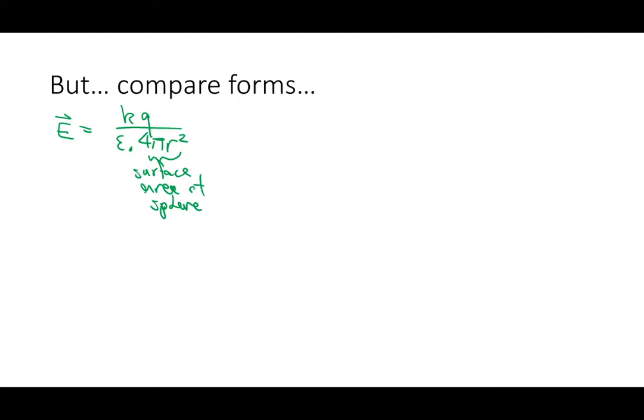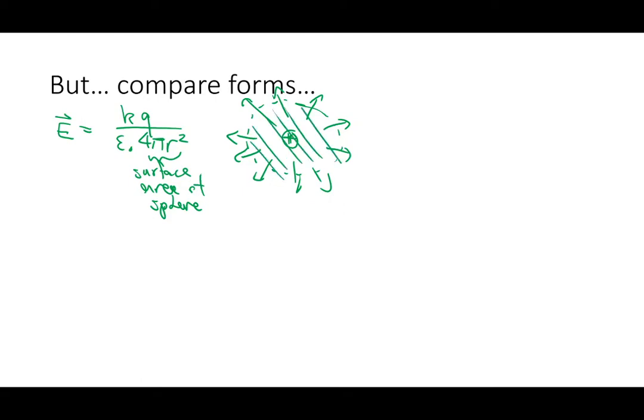Right, and that's the hint to tell us that we can relate something about what happens with the magnetic field, with the electric field, on this spherical surface with the volume that's enclosed inside.